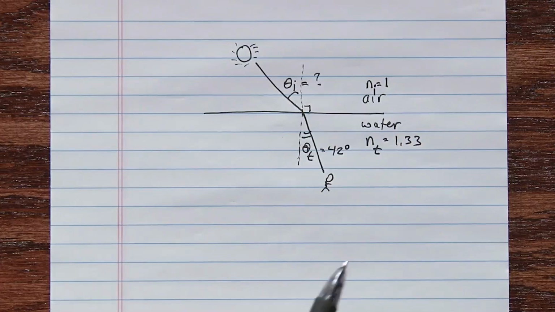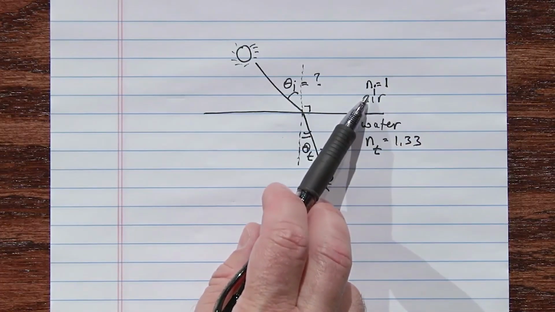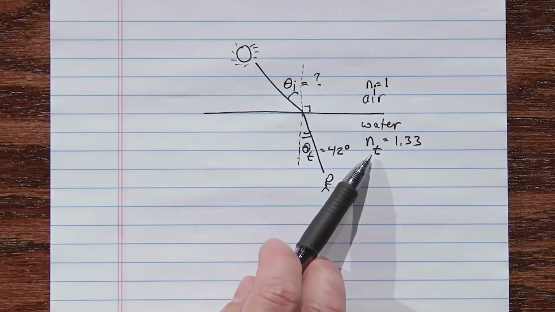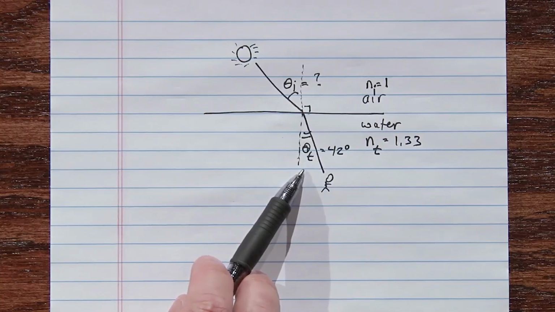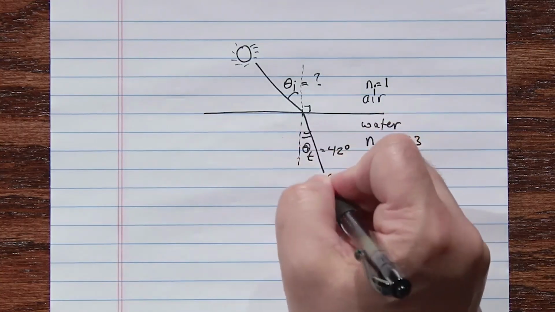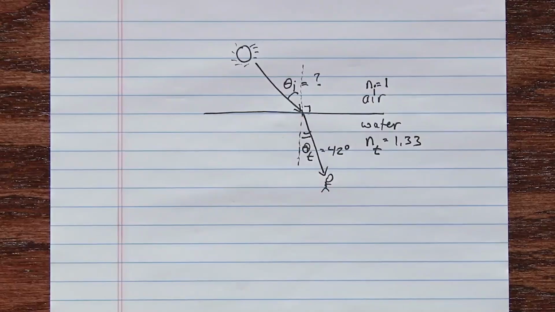Okay, so we know the index of refraction in the incident region. We know the index of refraction in the transmitted region. We know the angle of the light rays in the transmitted region. And what we're looking for is the angle of the light rays in the incident region.